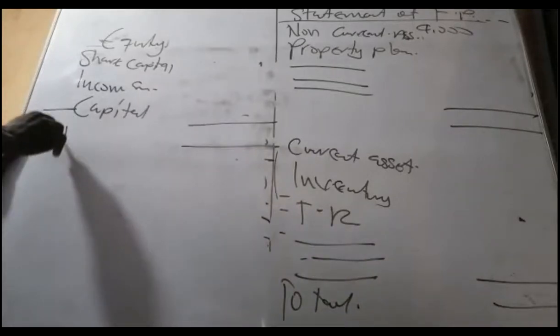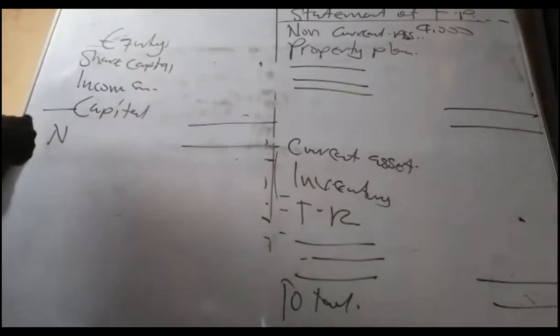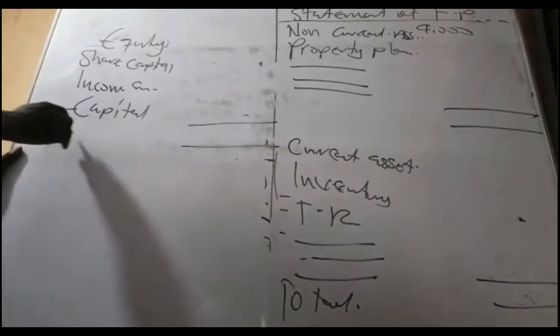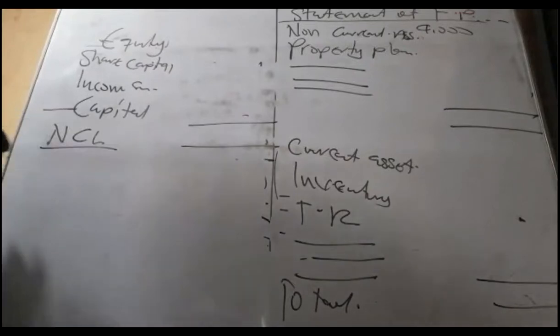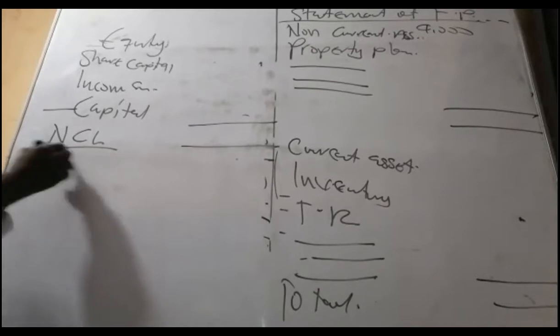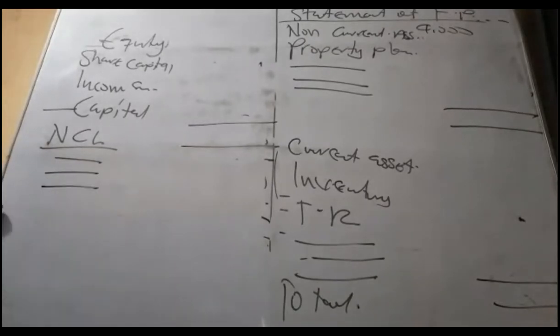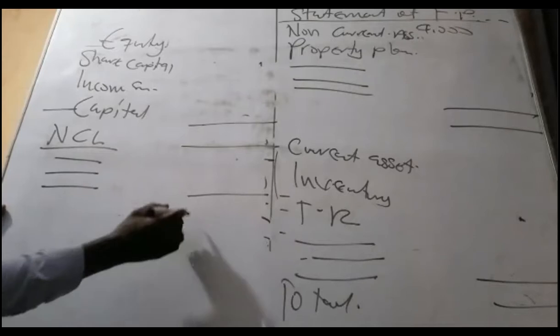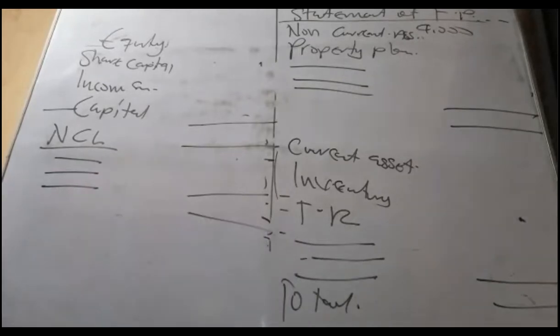Go to non-current liability. Check the trial balance. If you have non-current liability, I've gone through the trial balance very well, you should be able to tell some of the non-current liabilities. Or leave three lines. 1, 2, 3. Underline it. Put the total there. Continue the game.